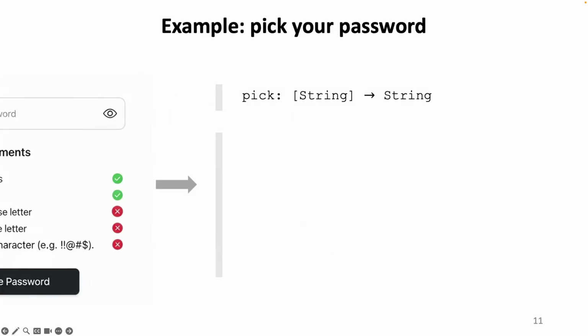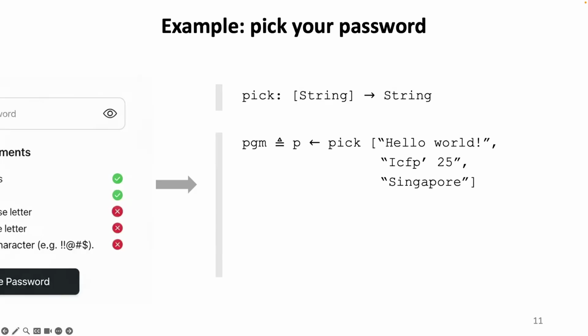And with this effect signature, we can now already start performing the pick operation in our program. For example, maybe we would like to pick a password from this list of 3 candidates, Hello World, HOPE'25, and Singapore. And of course, as with effect handlers, the program does not know how this pick operation is going to get handled.